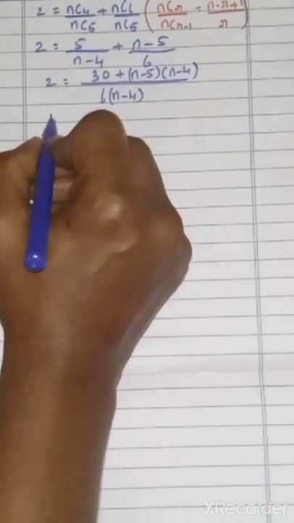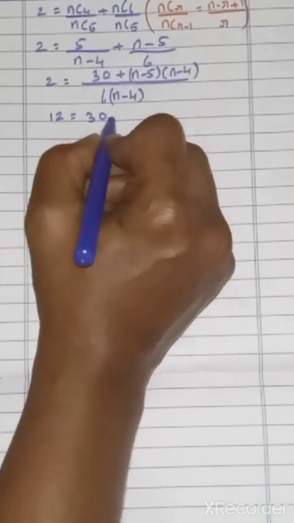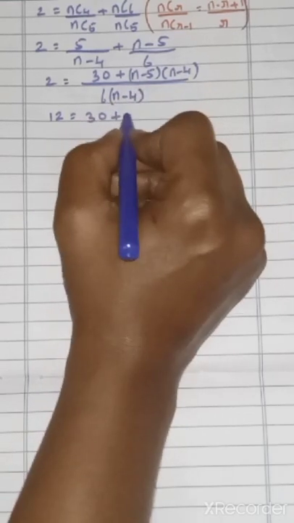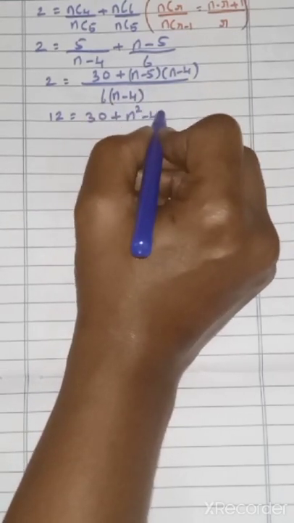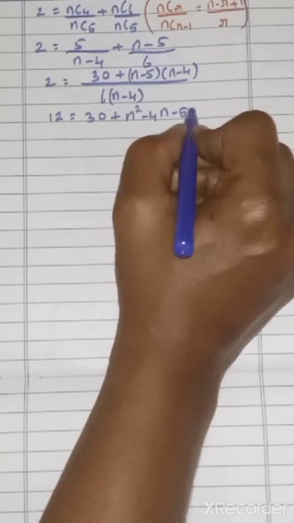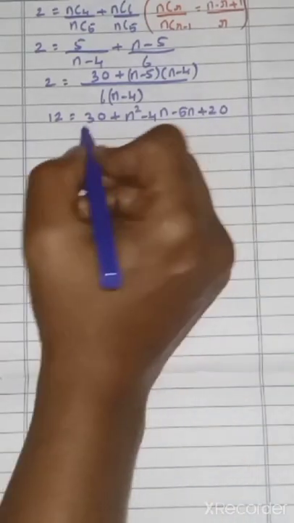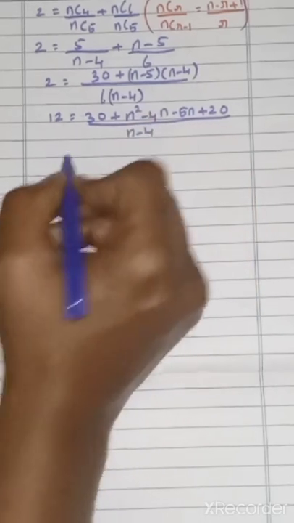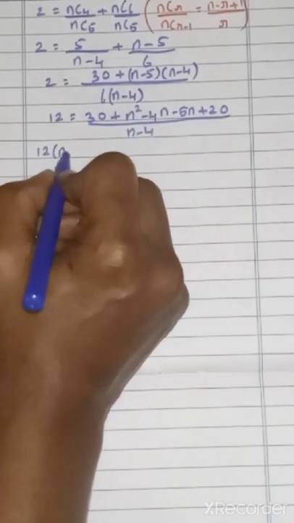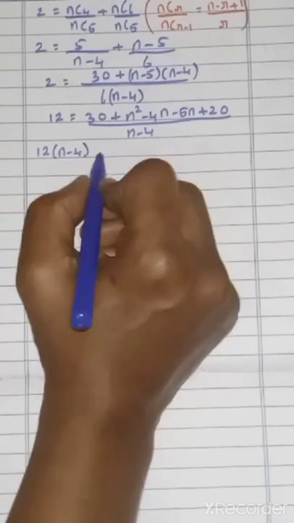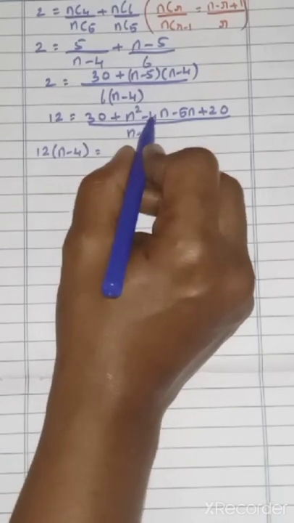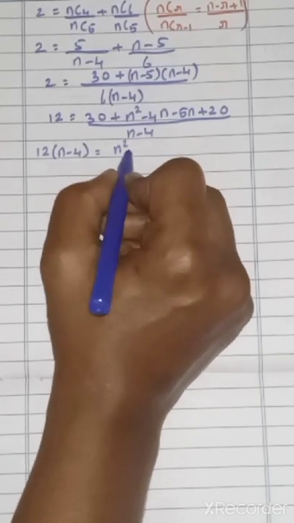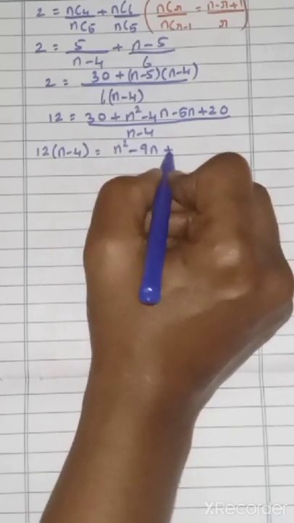Taking 6 to that side, you will get 6 twos are 12. 30 plus, again multiplying this, n square minus 4n minus 5n plus 20, by (n minus 4). Again taking this (n minus 4) to that side, 12 into (n minus 4) equal to n square minus 9n plus 50.